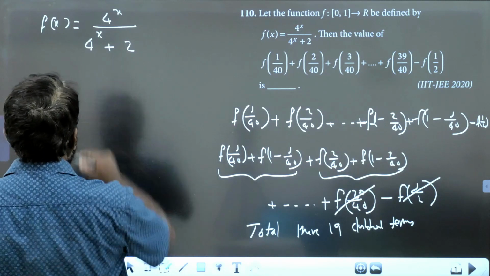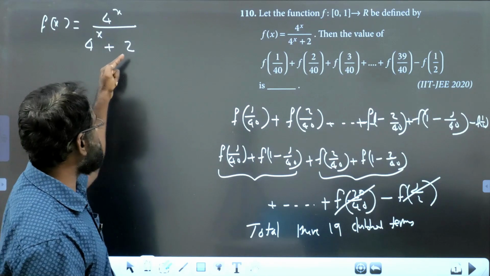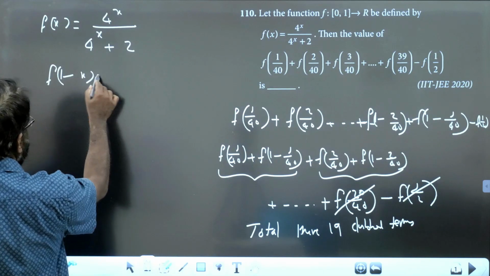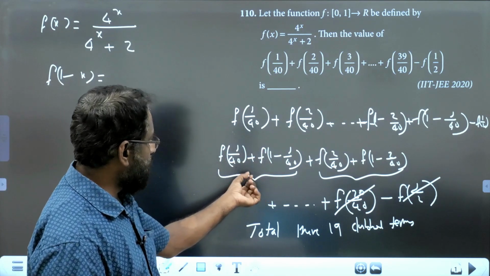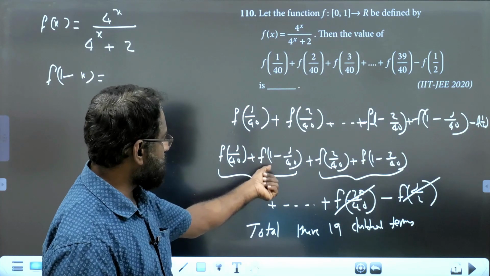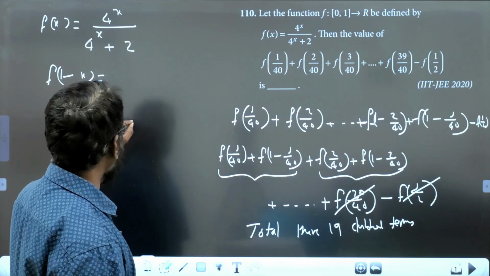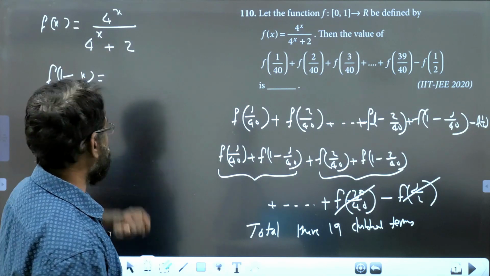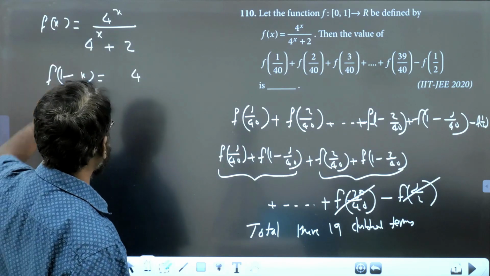Given that f(x) = 4^x / (4^x + 2), each clubbed term is of the form f(x) + f(1 - x). So we have to find f(1 - x) from f(x). You just replace x by 1 - x.